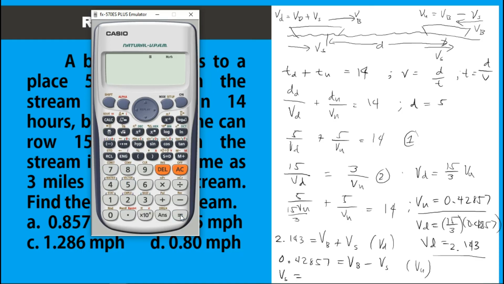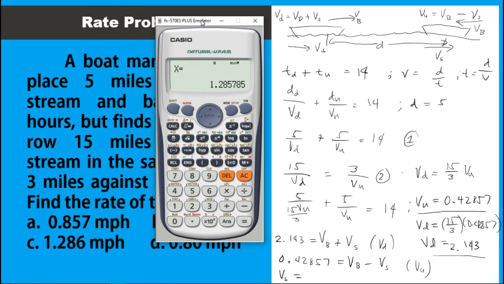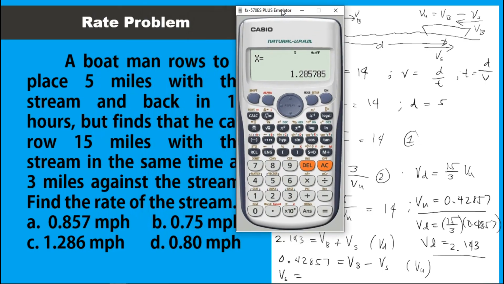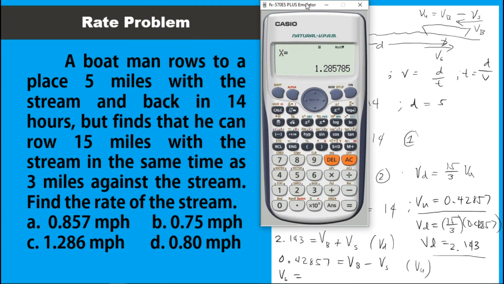Press equals, and you can automatically find the value of x, which is the velocity of the boat v sub b. But you are required to find the velocity of the stream, the other variable, so that is 0.857. So that is letter A.